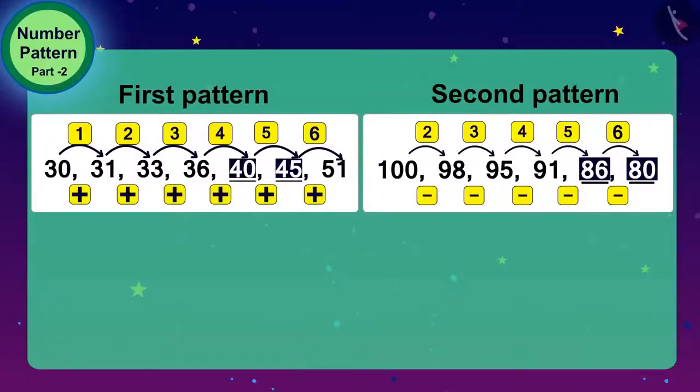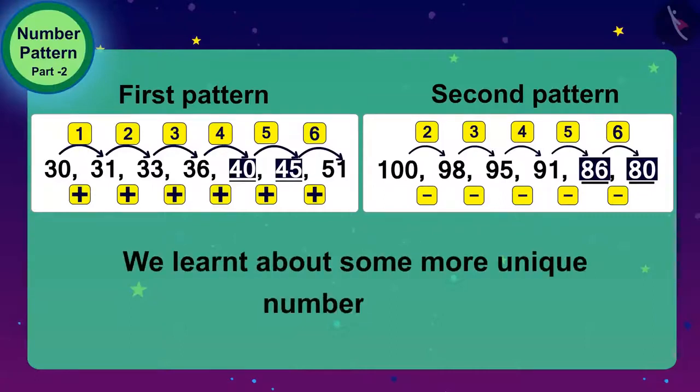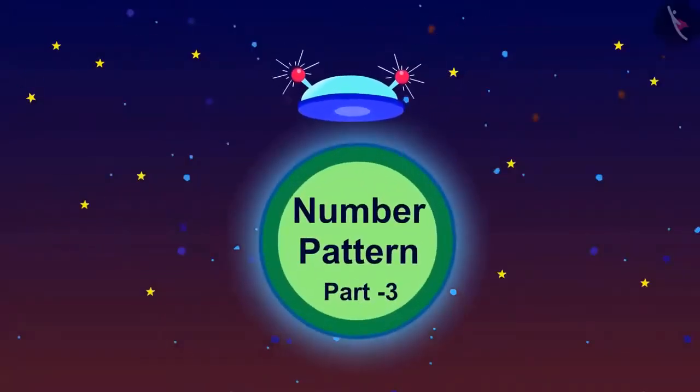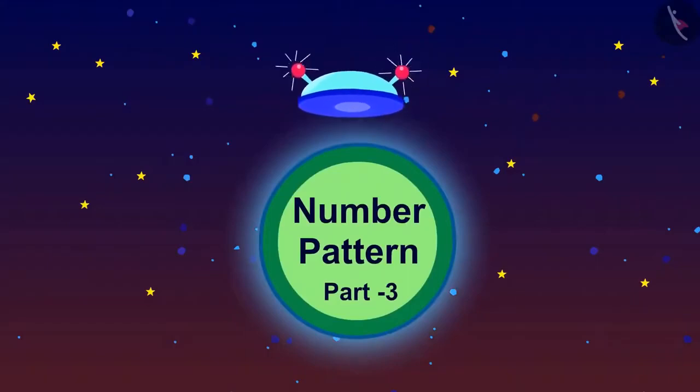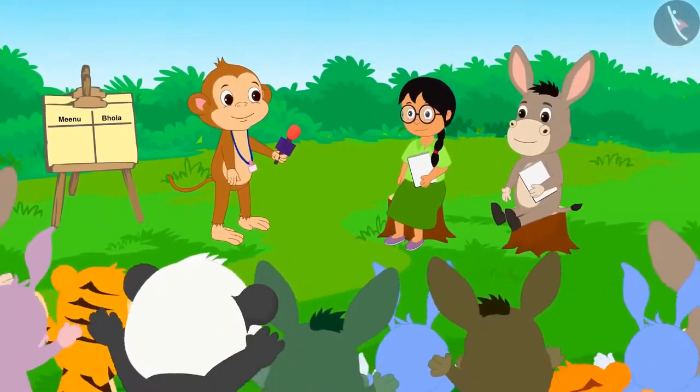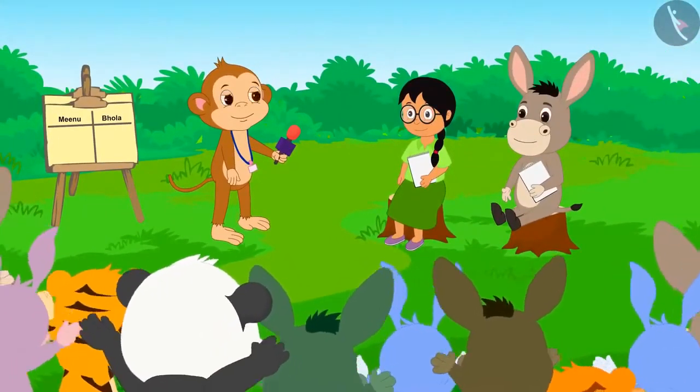Children, in the last video, we learnt about some unique number patterns. In this video, we will learn to make number patterns using some more mathematical operations. Today, a unique game is being played in Champapur.